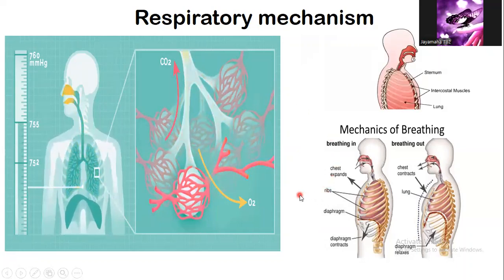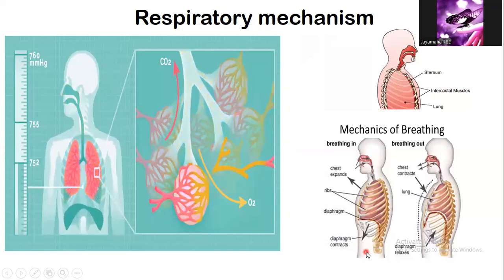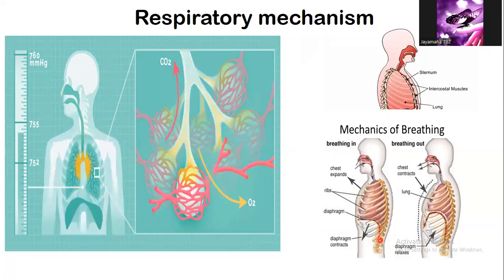Inspiration is the process of drawing air into the lungs. It occurs when the diaphragm contracts and moves downwards, and at that time your intercostal muscles contract to expand the chest cavity. Here you can see this.